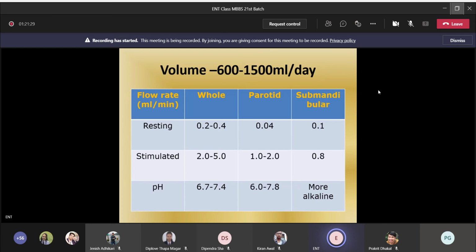Now, on seeing food, a stimulus, like seeing delicious food being cooked, the salivary glands are stimulated, and in that case the parotid secretion will be more than the submandibular gland, right? And pH is 6.7 to 7.4; in parotid 6 to 7.8, and the submandibular gland is more alkaline.